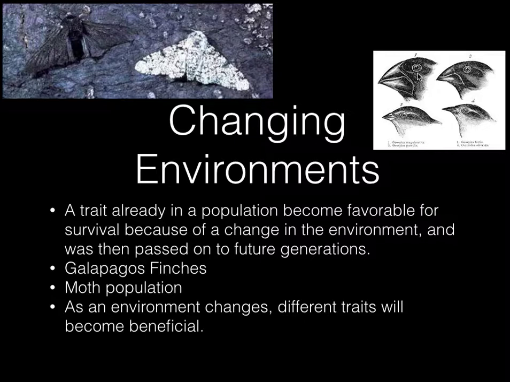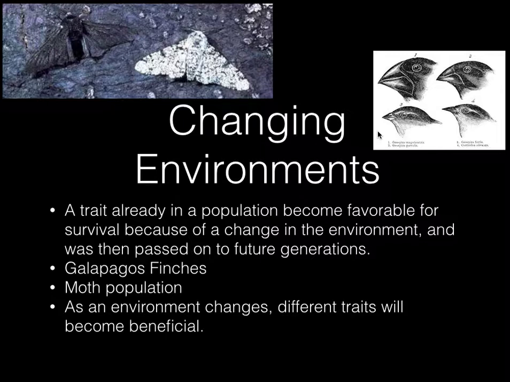So the same here with the finches. It was noticed that there were finches on separate islands. They were very similar, but they had different beak sizes based on what food source was available on each island. And so they experienced a drought, and some of their food sources were not as abundant.